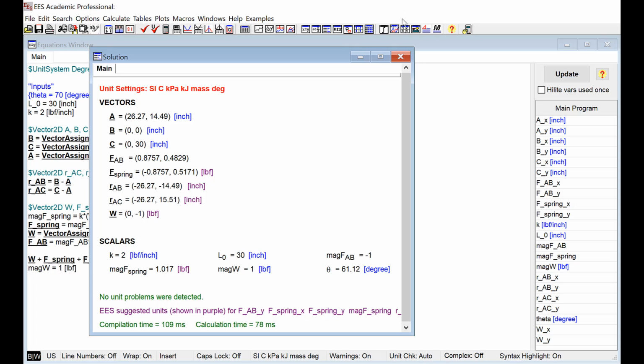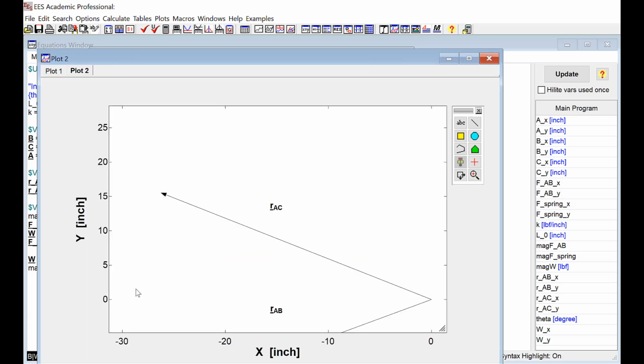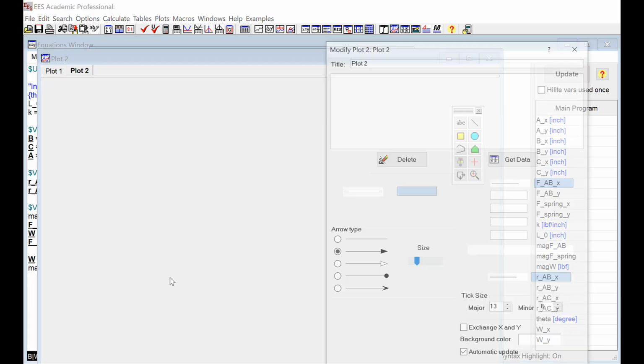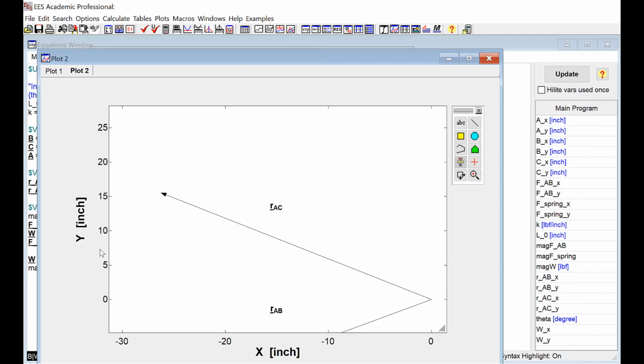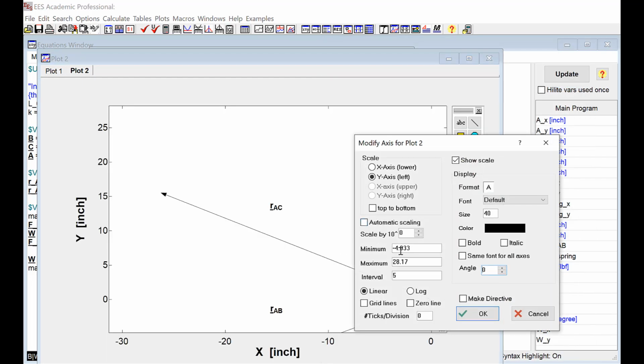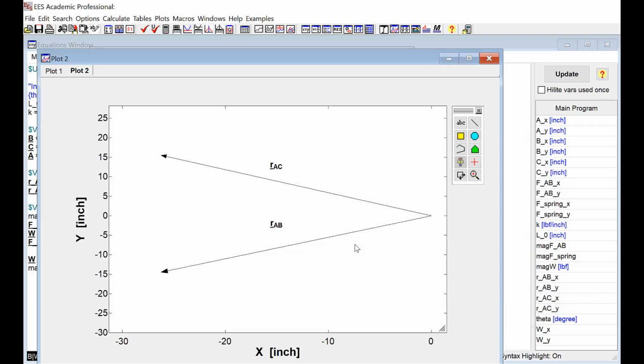And because I have auto update checked, you can see I'm going to have to extend my scale here. So let's go down to minus, I don't know, minus 30. You can see that now it goes back to being much more of a sort of 60-60-60 triangle, right? So that's kind of cool to see how the geometry changes.